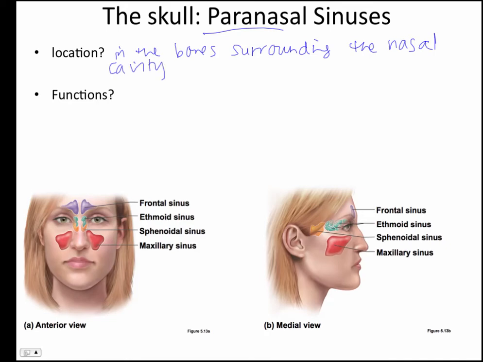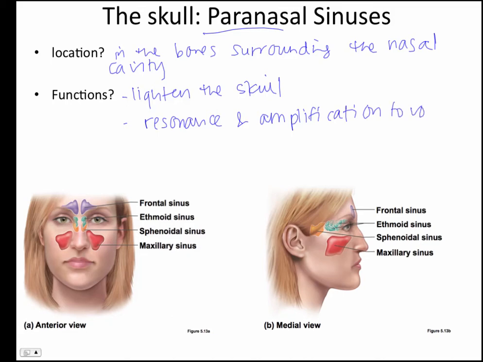One of the functions is that they lighten the skull. They also give resonance and amplify your voice. They also produce mucus, which is why sometimes people have a sinus infection, or if someone has a headache because there's also sinus buildup, this is the reason for that.